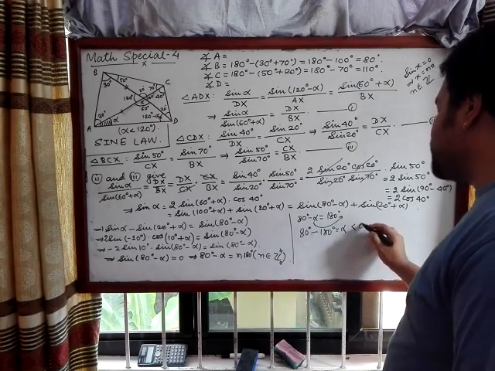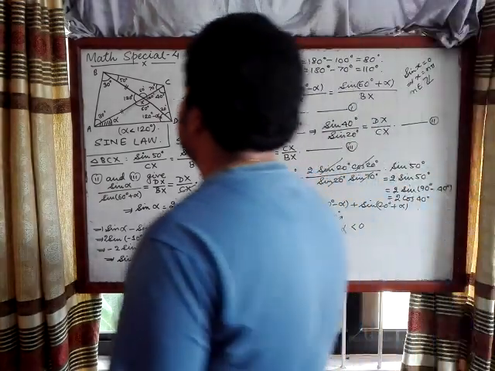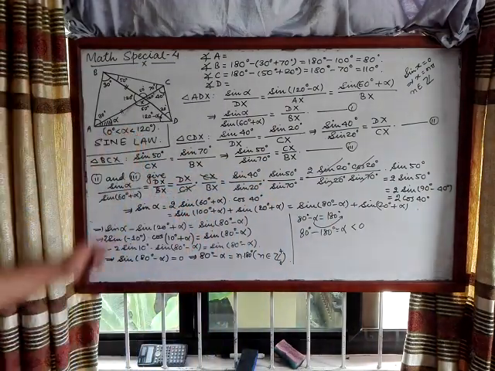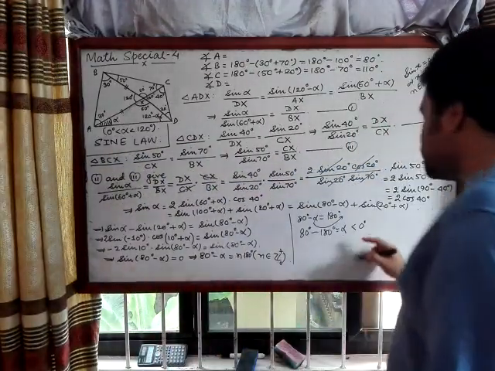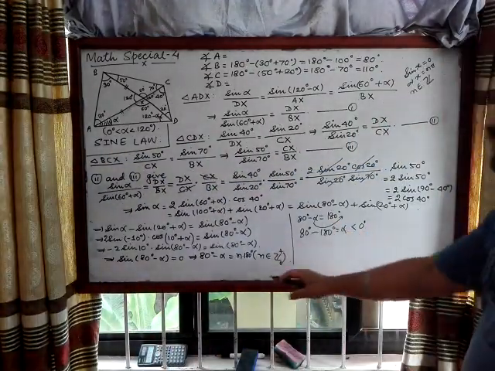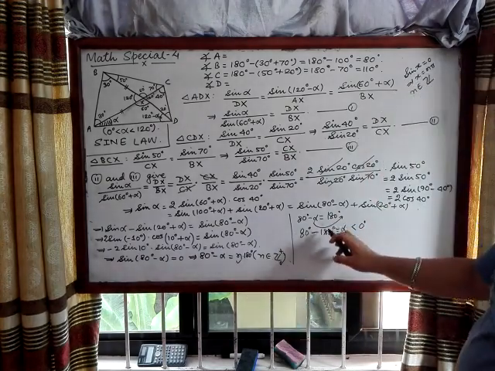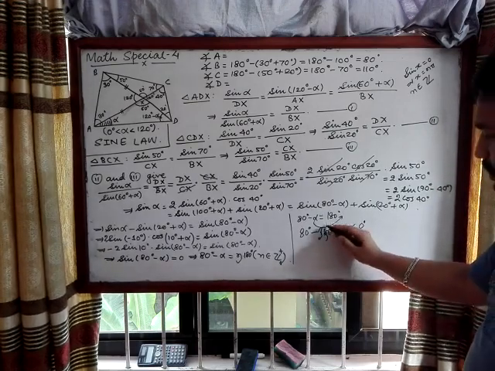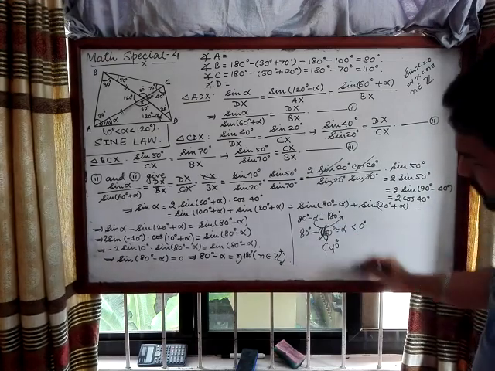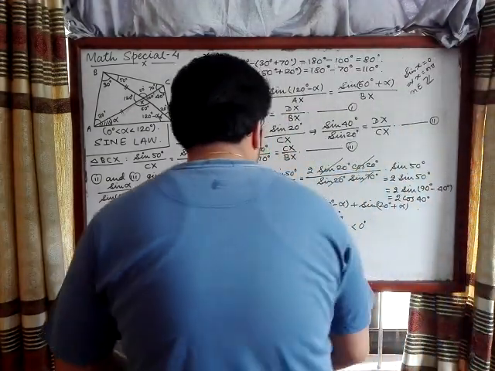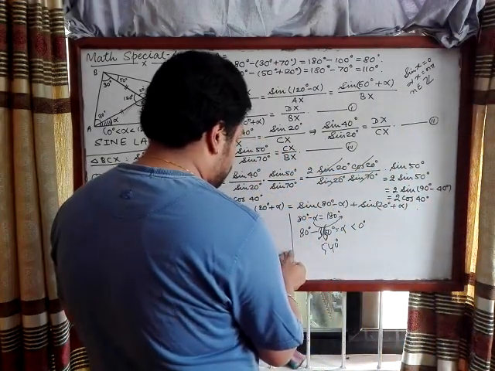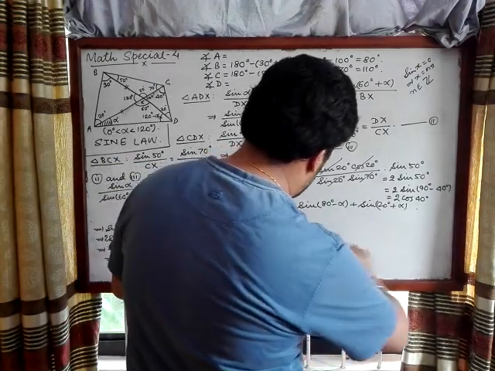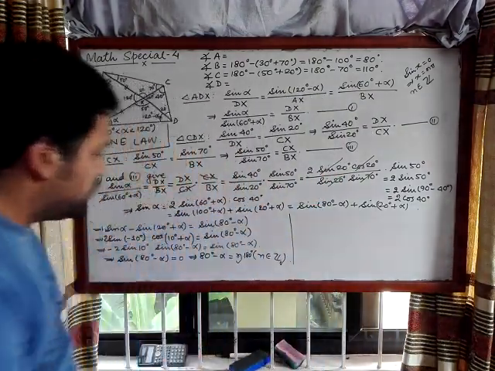So alpha is less than 0. You cannot have that, since alpha is an angle of a triangle. This cannot be less than 0 degrees. And if we take greater values of n, like 360, 540, you will get much more negative values. So we cannot take positive or negative integers.